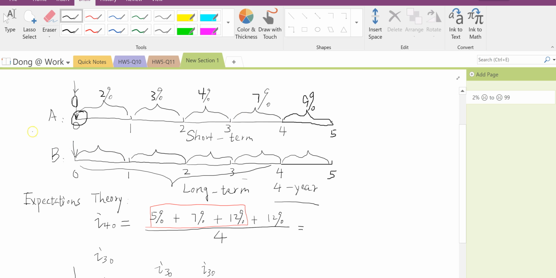That's their first choice, option A. And the second choice, option B, is instead of reinvesting their money in 5 different 1-year bonds, they can also choose to invest in just one 5-year bond.